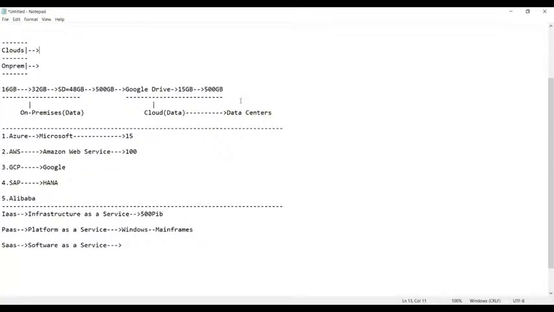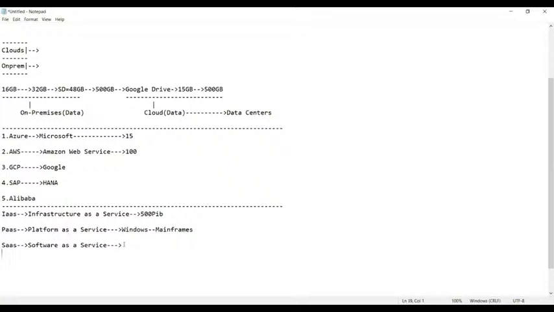Then we have Apple something, right? What is it? Apple Store. We'll go to the Apple Store and download. So this is the set of all the applications we have. Whenever you require some softwares or some applications to be installed on your PC, that comes under software as a service.